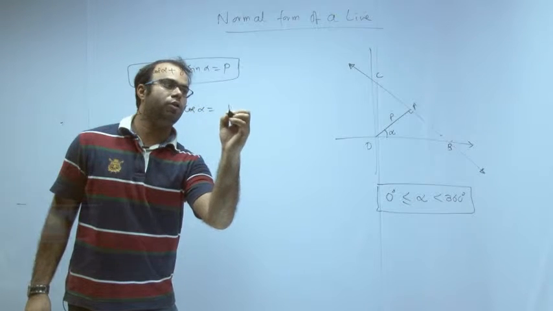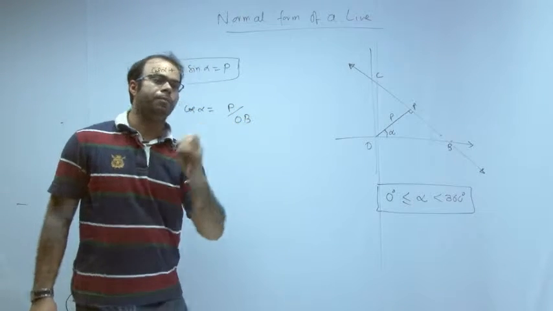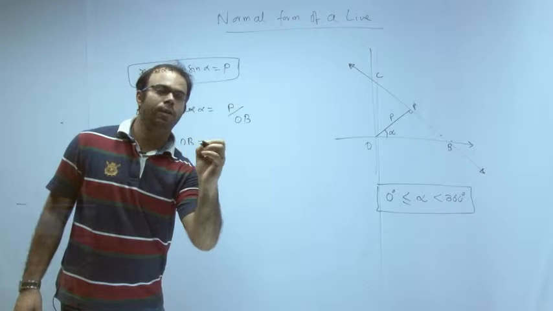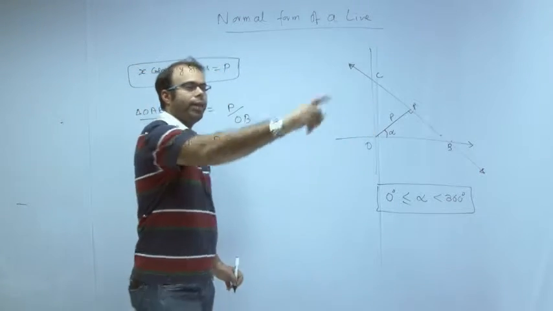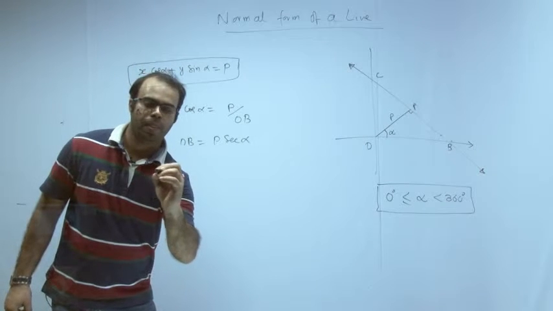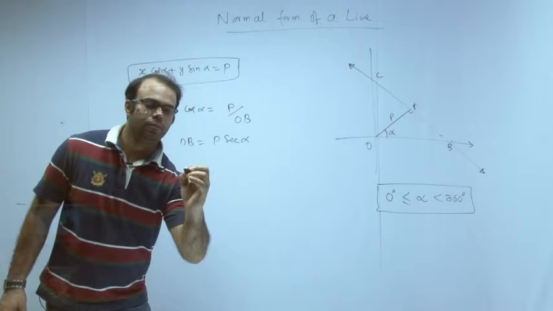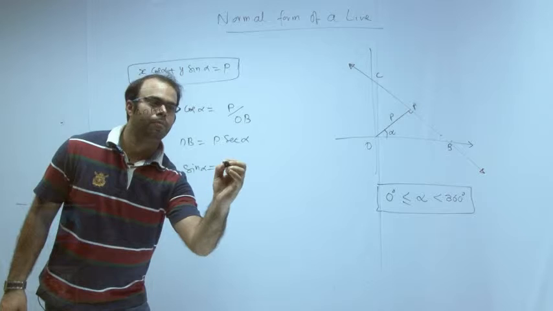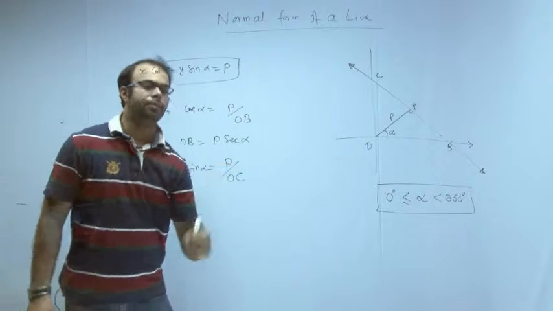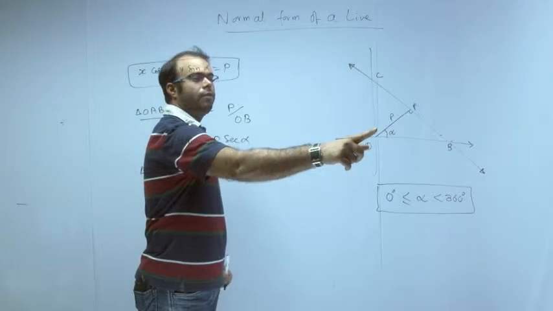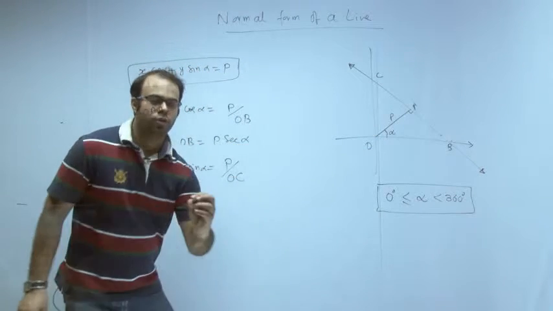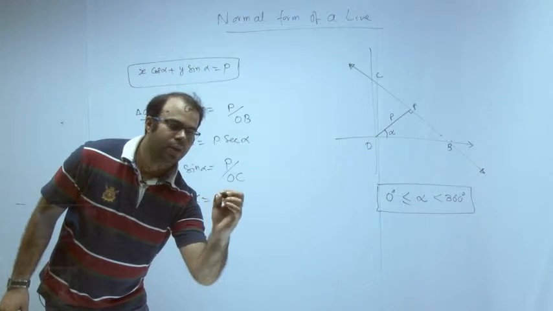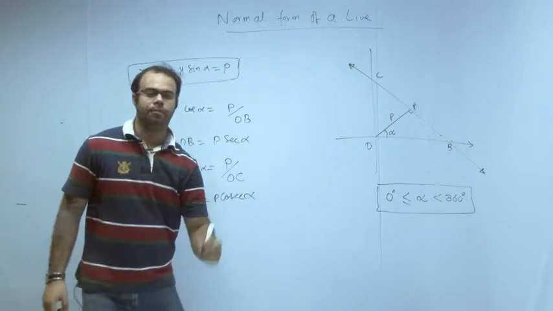So cos alpha is equal to p by OB, and OB will come out to be p sec alpha. Similarly, in triangle OAC, sin alpha will be equal to p by OC, because this will be 90 degrees minus alpha, and cos of 90 degrees minus alpha is sin alpha. So this will give you OC equal to p cosec alpha.